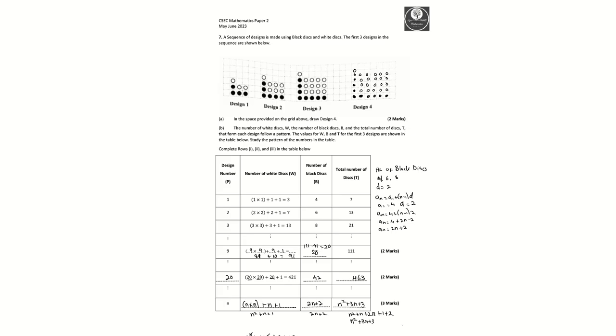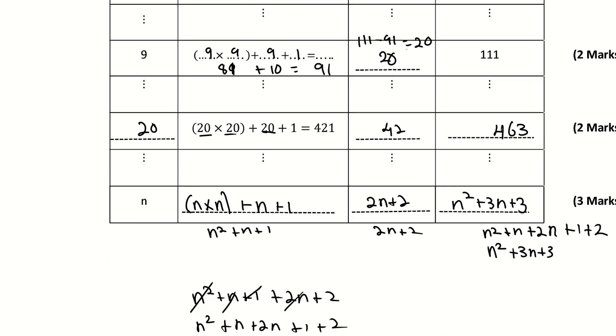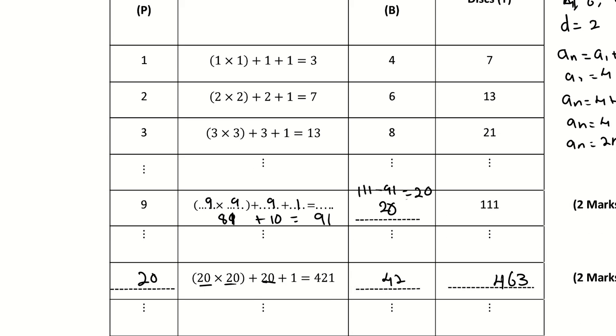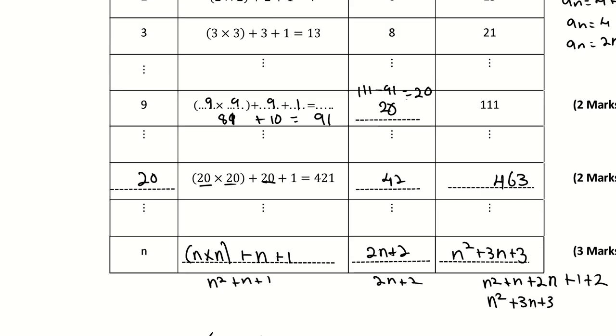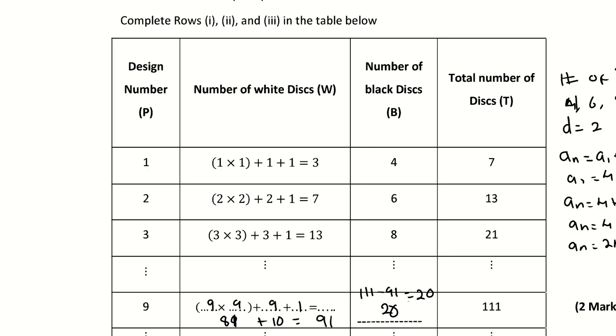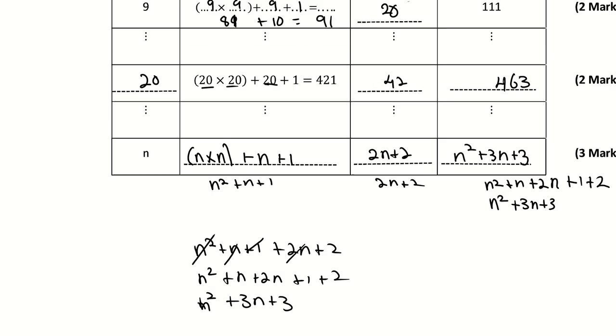No, no, no, no. White is n squared plus n plus 1. Look at here. Hold on. Zoom, zoom. White disc is here. Black disc is here. Okay, hold on now.